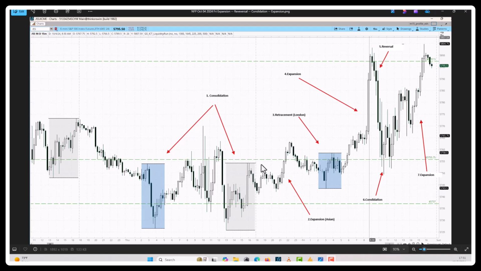It takes the buy side, and then it makes a retracement on London. You see that? After it makes the retracement on London, what's going to happen? It's going to expand. You see the expansion, huge right here. And after the expansion, you see the price leaves here after retracement or consolidation, and it's going to reverse.